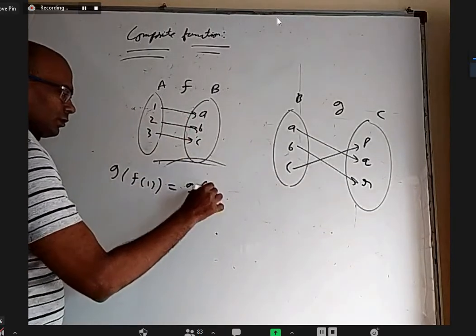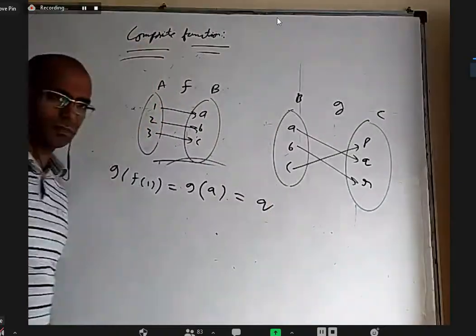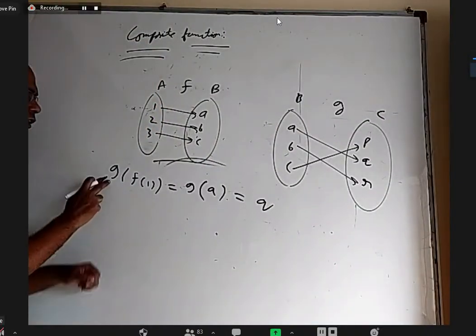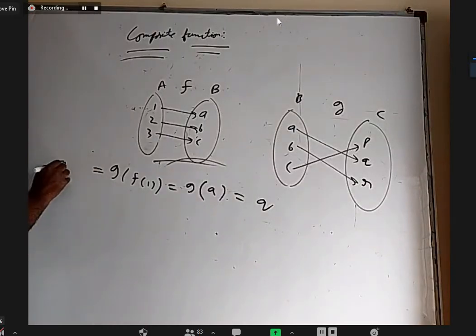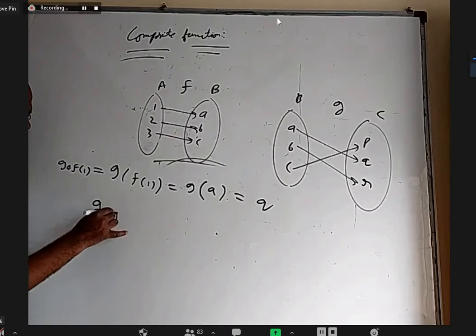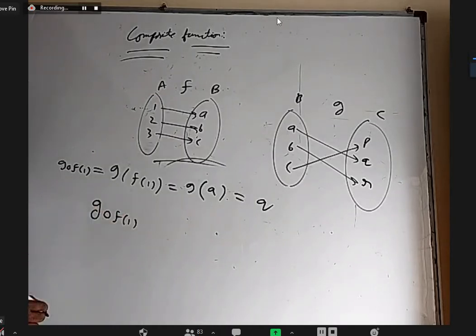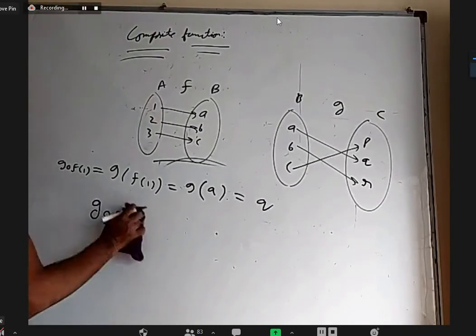A. And what is g of A? Q. Okay. So when you take the composite function of g and f, we write this as g circle f of 1. We should not read this as GOF or something like that. It is g circle f of 1. This basically is a composite function connecting g and f. There is just a symbol, nothing to worry about.